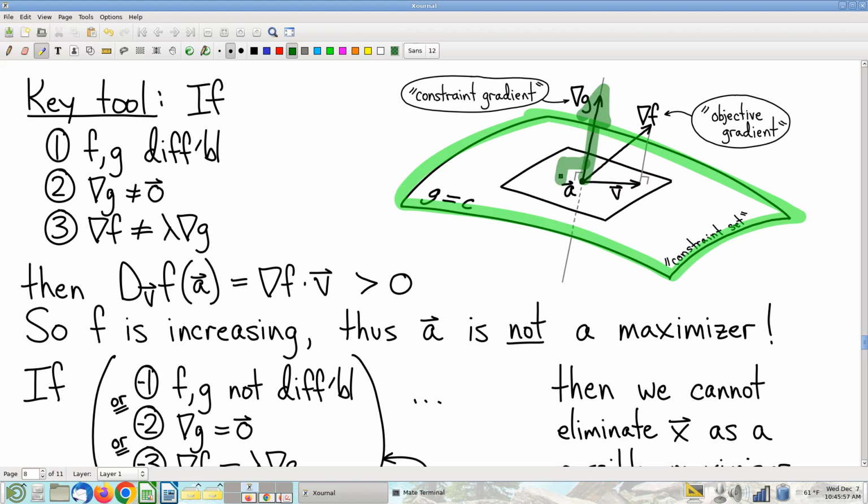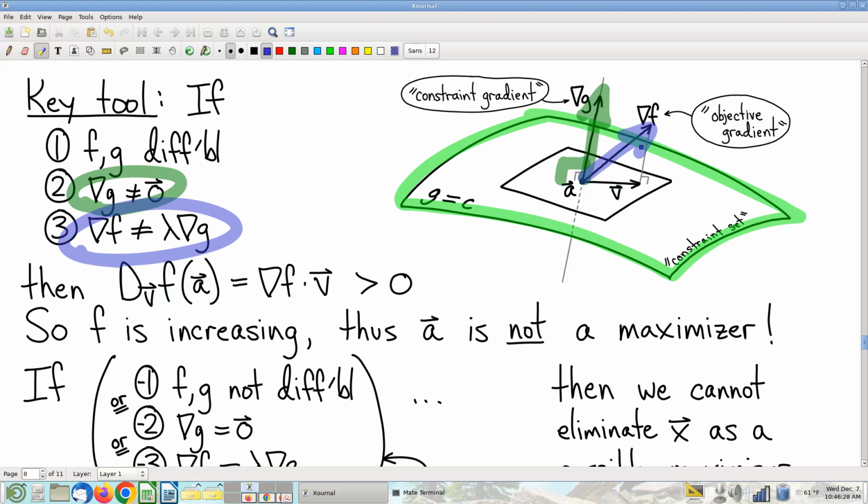So that non-zero constraint gradient here defines a direction perpendicular to our constraint set. And then we know that our objective gradient points off of that line. So, very importantly, it's not perpendicular to our constraint set. Okay, is everybody with me so far?